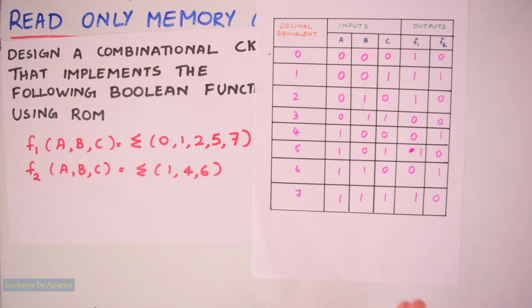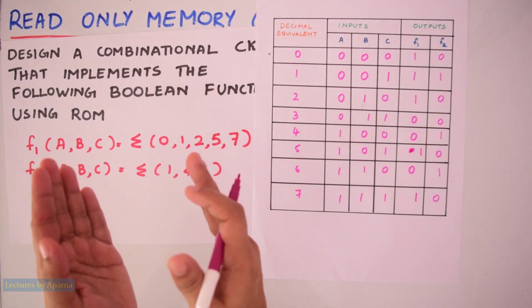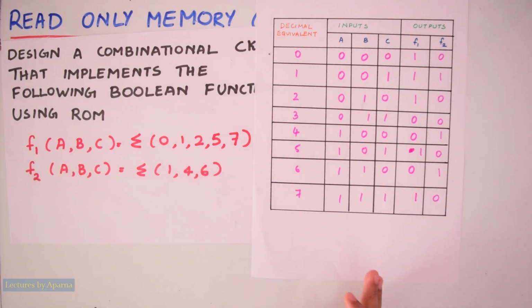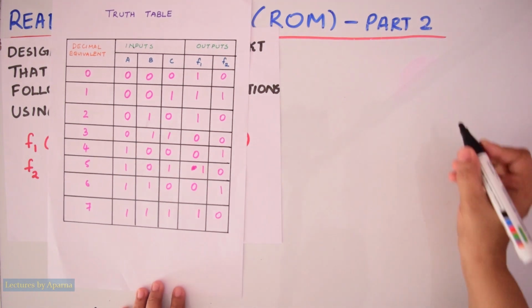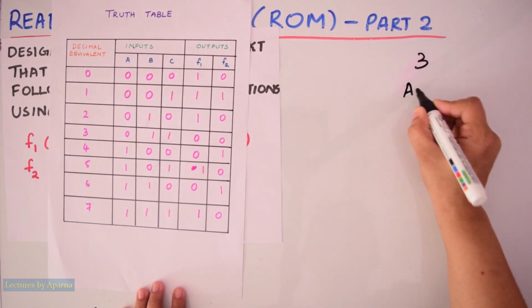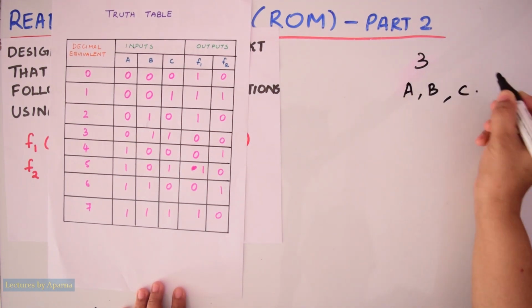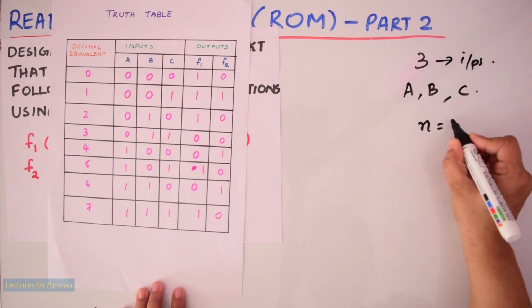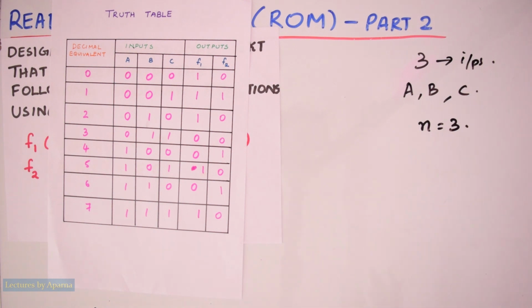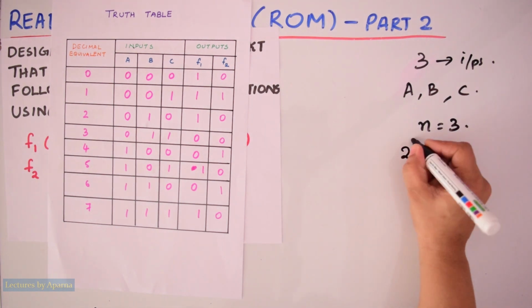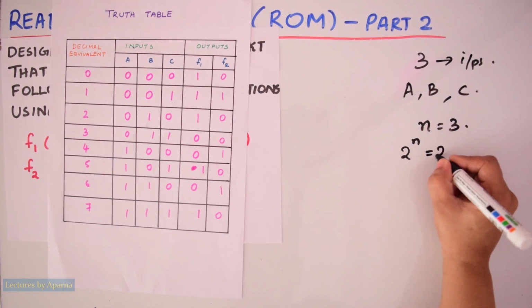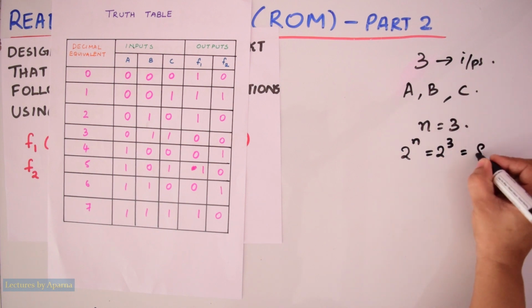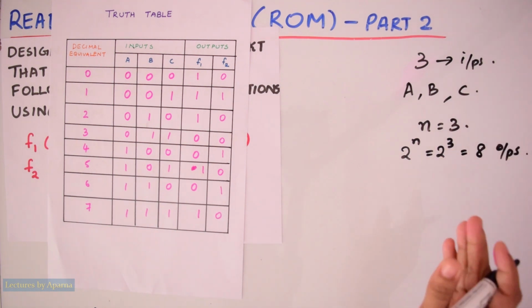So a ROM consists of a decoder and then an OR array. The decoder should have 3 inputs, that is A, B and C. So 3 inputs, let n equal to 3. So at the output of the decoder there will be 2 raised to n, that is 2 raised to 3, or 8 outputs for the decoder.